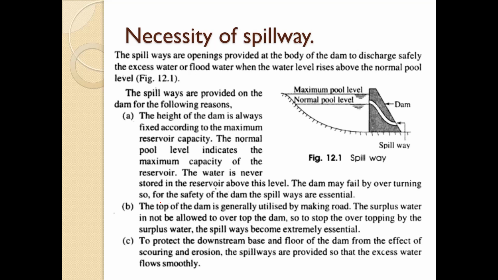That is, day to day people use that road. So the surplus water is not allowed to go over the top of the dam. To stop this overtopping by the surplus water, the spillways are extremely essential. Then, to protect the downstream base and floor of the dam from the effect of scouring and erosion, the spillways are provided so that the excess water flows smoothly. So these are the necessities of the spillway.